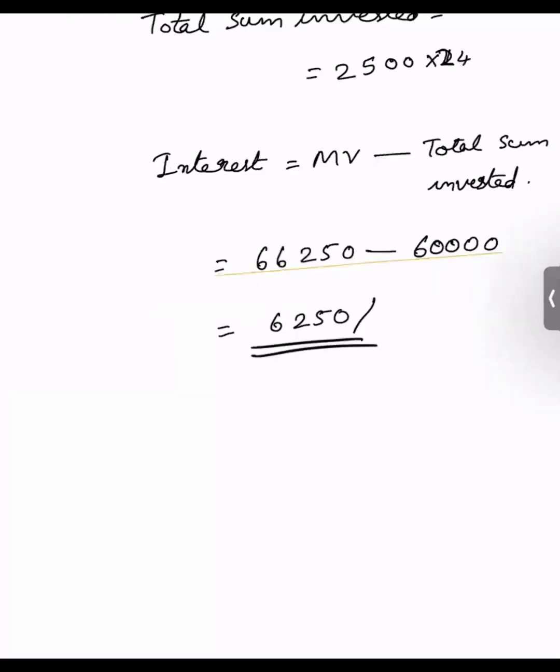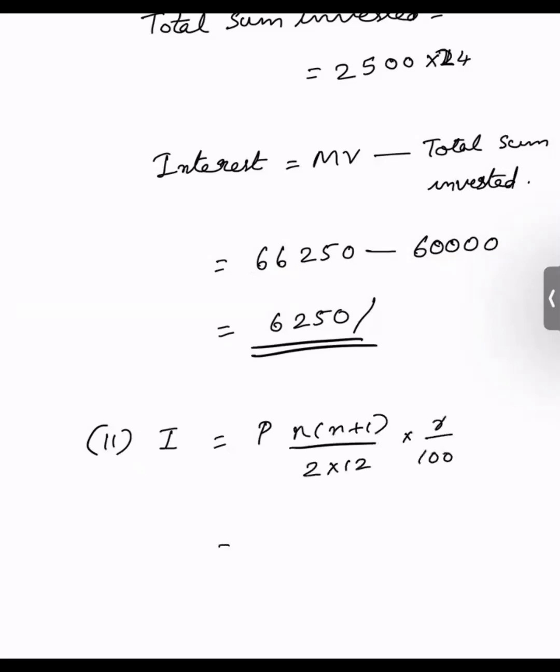If you know interest, what is the formula to calculate interest? Interest is principal into n plus 1 by 2 into 12 into r by 100. So what was the principal? It was 2,500, right? 2,500 into n, 24 months, into n plus 1, 25, divided by 2 into 12.